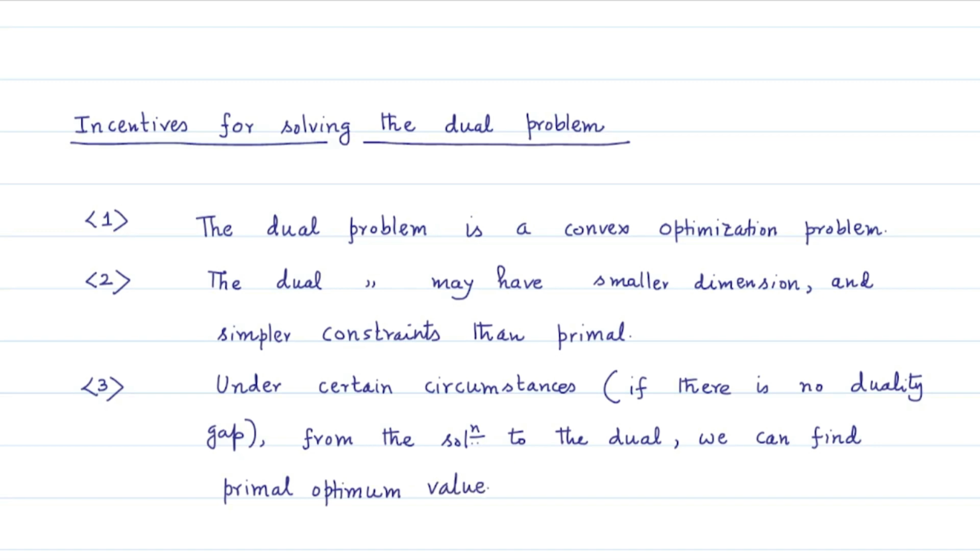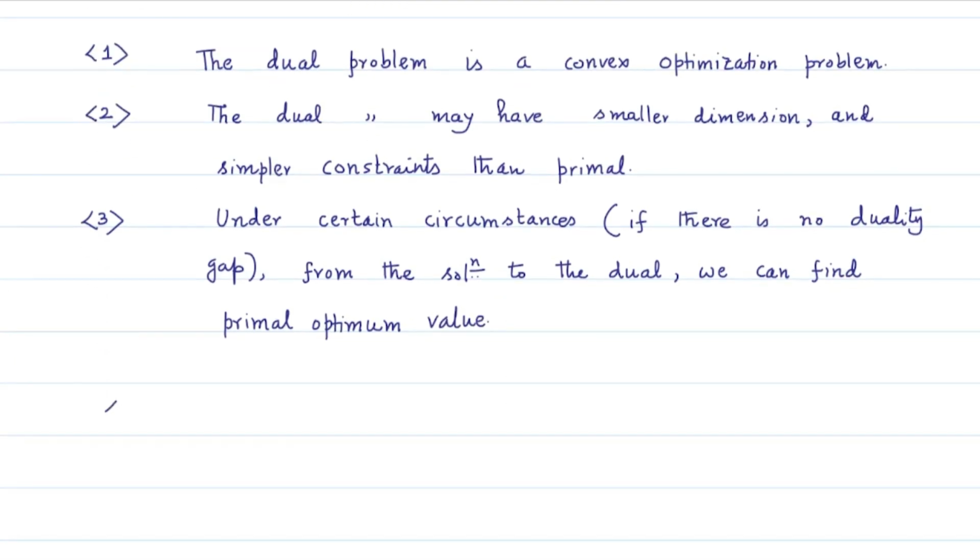And last but not the least, we have seen that the duality theory can give a potential means of termination criterion for optimization algorithms. At the current iterate x_k, you can measure how far you are from the optimum solution of the primal problem.